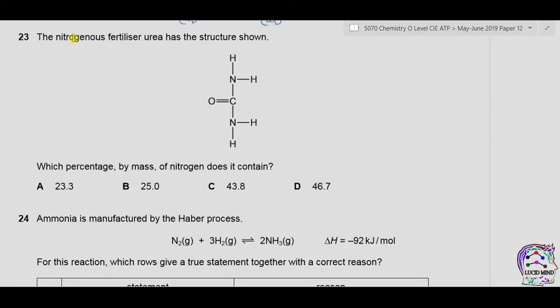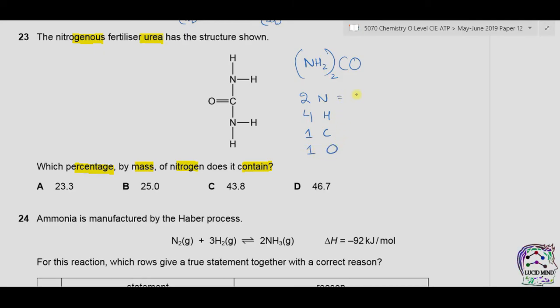Question 23. The nitrogenous fertilizer urea has the structure shown. Which percentage by mass of nitrogen does it contain? Let's first find out the molecular mass of this given molecule of urea. We have the formula (NH2)2CO. In urea we have 2 nitrogen atoms, 4 hydrogen atoms, 1 carbon and 1 oxygen.